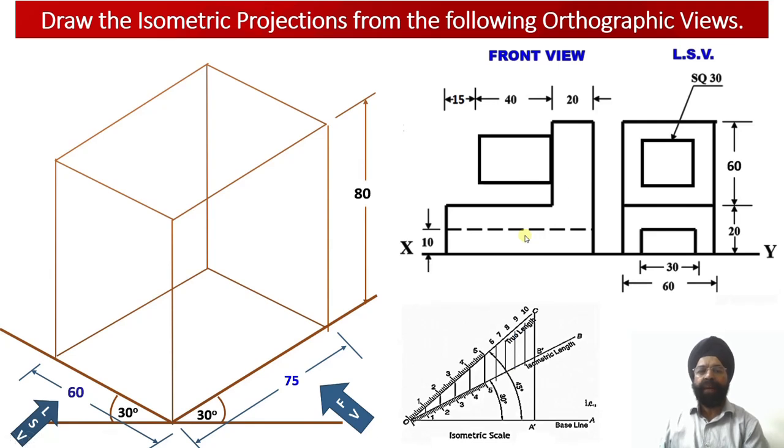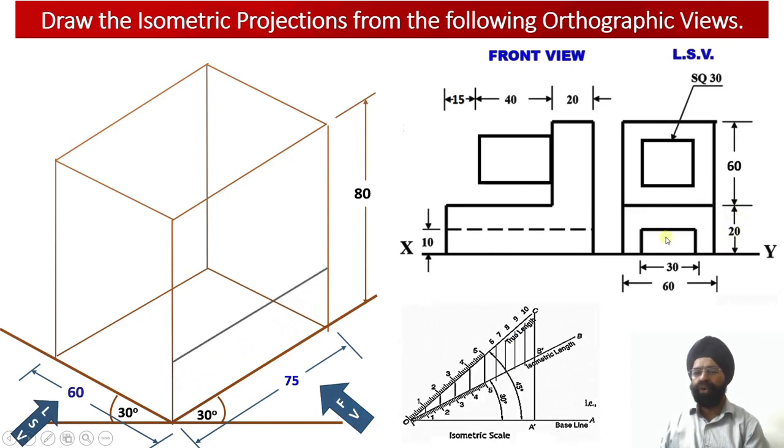Now having completed the construction of this rectangular prism, we are going to once again divide this solid into multiple elements. So this is my element number 1, which is the bottom web or the horizontal web. This web has a length equal to 75 millimeter, a width equal to 60 millimeter, and a height equal to 20 millimeter.